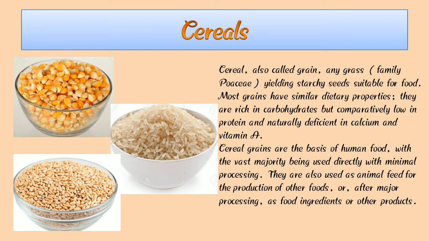A seed suitable for food, and most grains have similar dietary properties. They are rich in carbohydrates but comparatively low in protein, and naturally deficient in calcium and vitamin A.